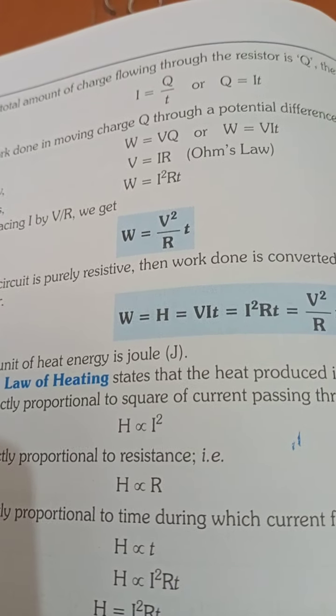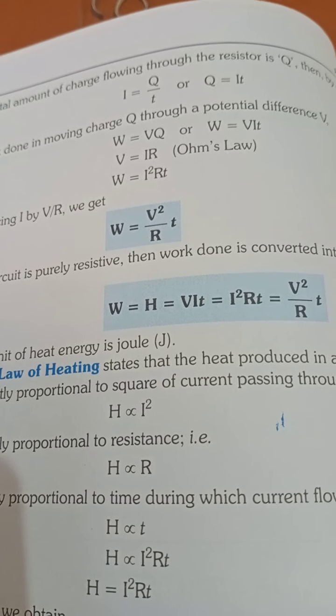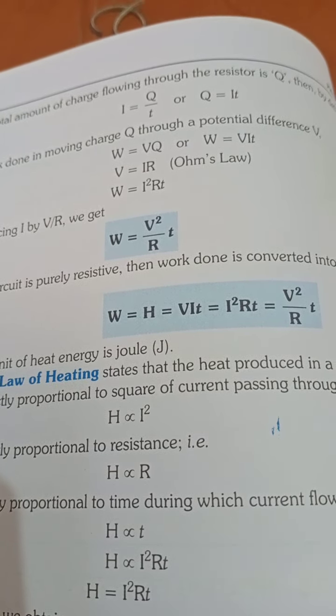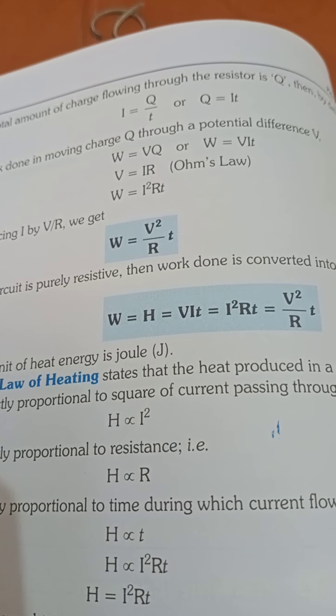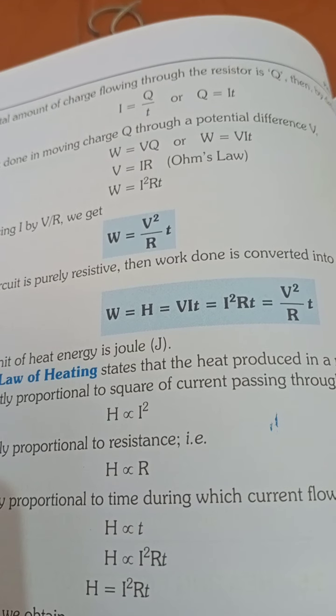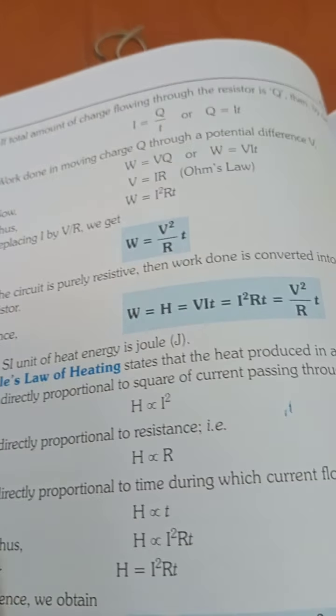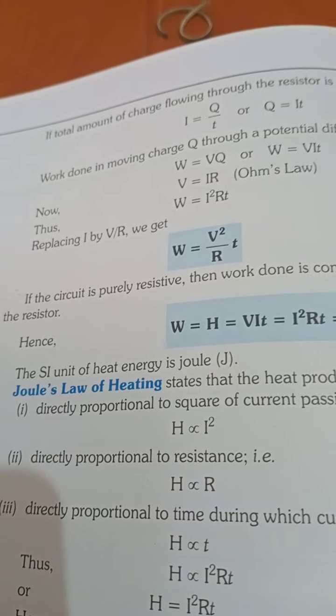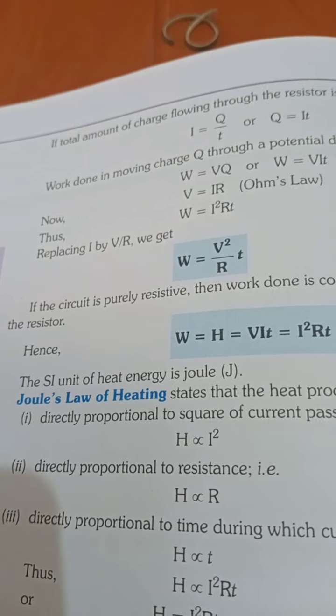Joule's law of heating states that the heat produced in a resistor is directly proportional to the square of the current passing through it. H is proportional to I square, and heat is directly proportional to resistance.